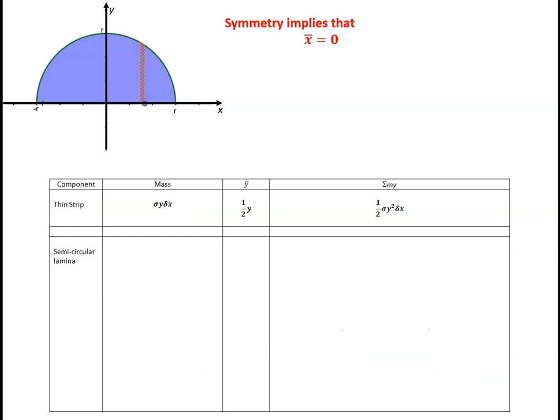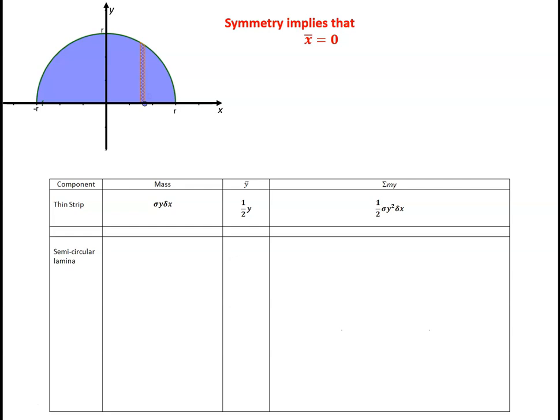So for the thin strip that we're considering, the mass is approximately sigma y delta x, y bar is approximately a half y, and the sum of the my's for that little thin strip is approximately a half sigma y squared delta x.